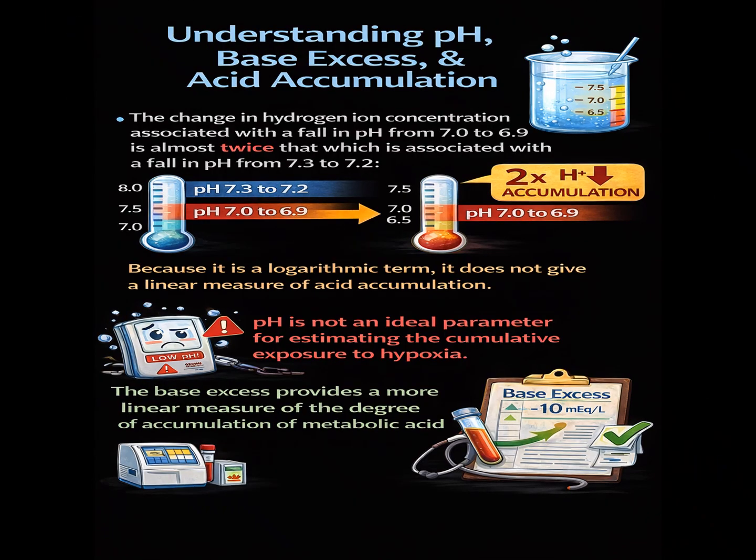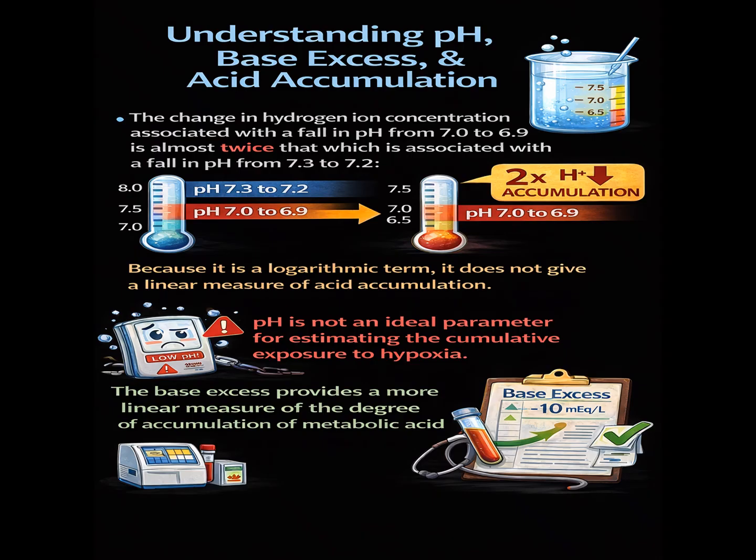Understanding the pH, base excess and acid accumulation. The change in the hydrogen ion concentration associated with a fall in the pH from 7 to 6.9 is almost twice that associated with a fall in the pH from 7.3 to 7.2.